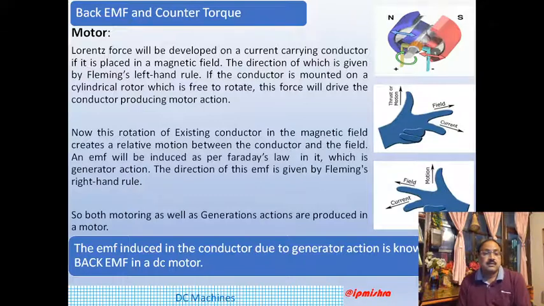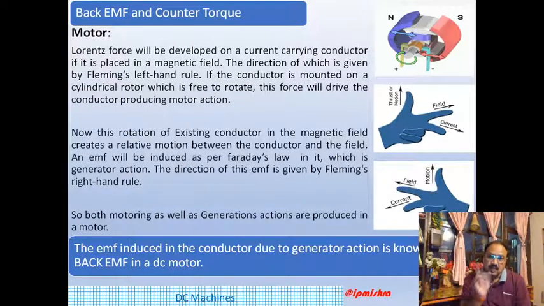Now, the important thing in this literature is the EMF induced in the conductor due to generator action is known as back EMF in DC motor. See, it was a motor. In motor, no EMF is generated. In motor, you have supplied the power so that Lorentz force is developed and the rotor of the motor rotates.